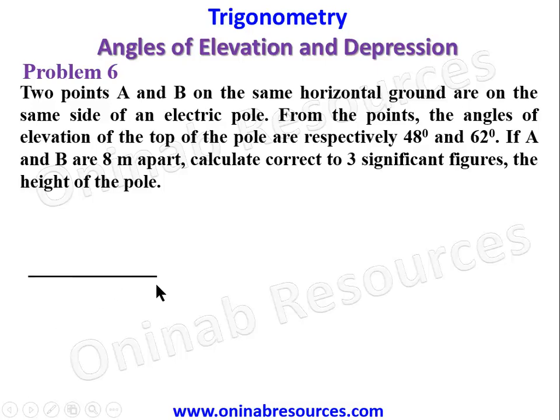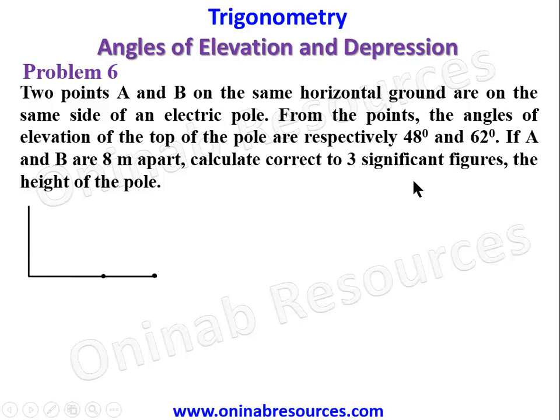We draw the horizontal ground. There are two points A and B on the same side of an electric pole. So we have the electric pole here. Now from the two points, the angles of elevation are 48 degrees and 62 degrees.